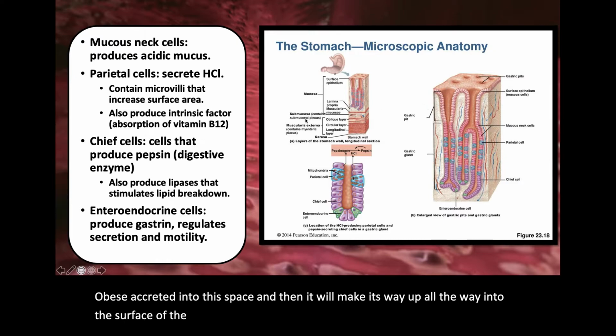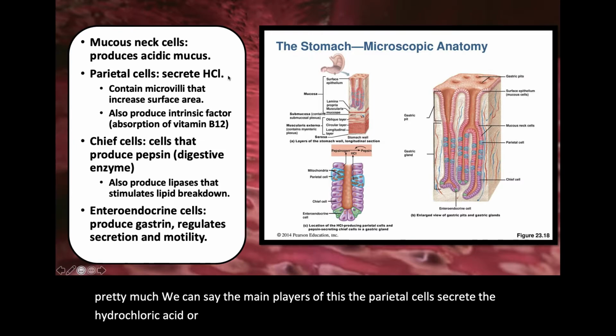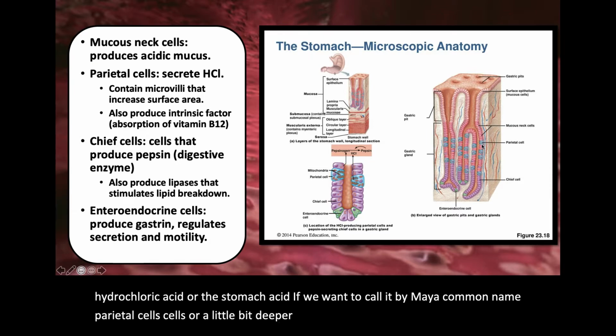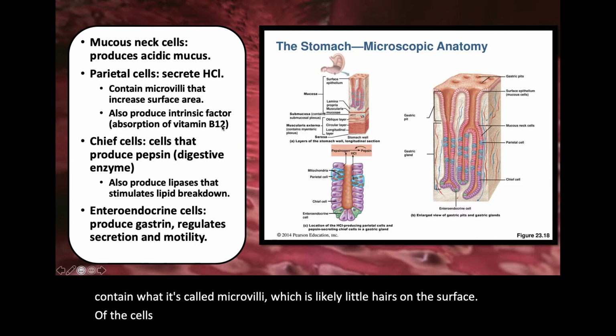Then I have parietal cells, and the parietal cells are pretty much the main players of this. The parietal cells secrete the hydrochloric acid, or the stomach acid, if we want to call it by a common name. Parietal cells are a little bit deeper into the tissues of the stomach, and they contain what are called microvilli, which are like little hairs on the surface of the cells, and they produce something very important for digestion, and that is the intrinsic factor.